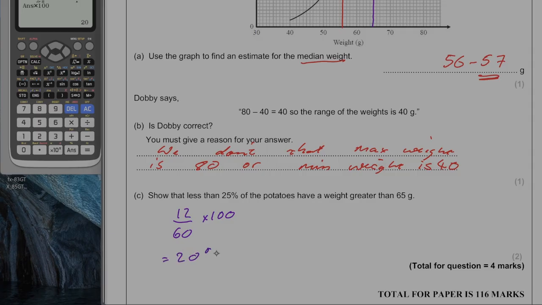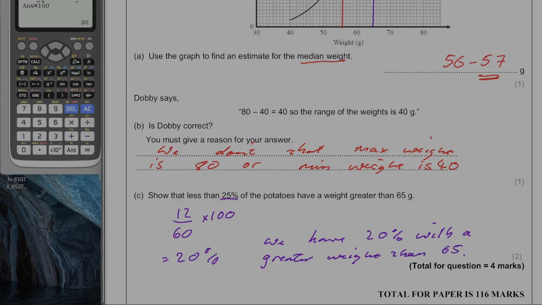So, show that less than 25%. We have 20% with a greater weight than 65.